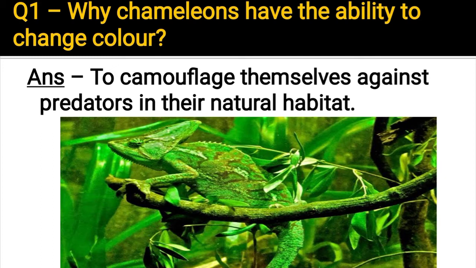Camouflage is the adaptation which is found in few animals and plants by which they can use their body color for their protection. Right? So chameleons can change their body color according to their natural surroundings so that they can hide themselves easily and protect themselves from their predators or enemies.